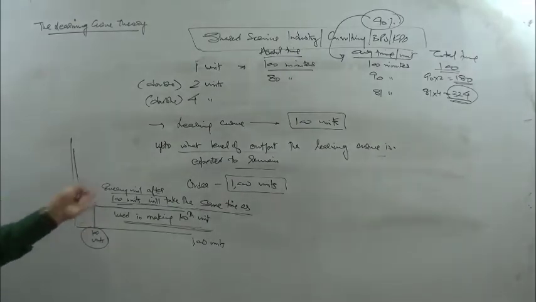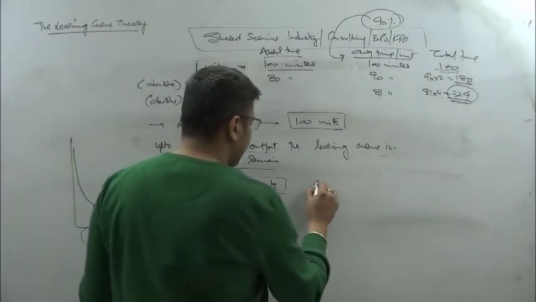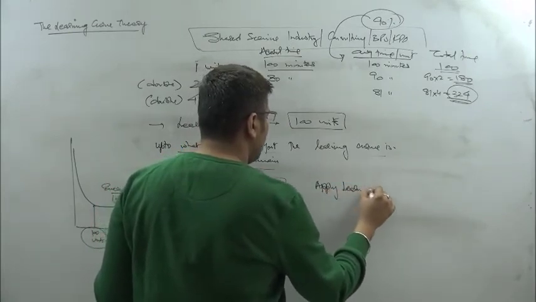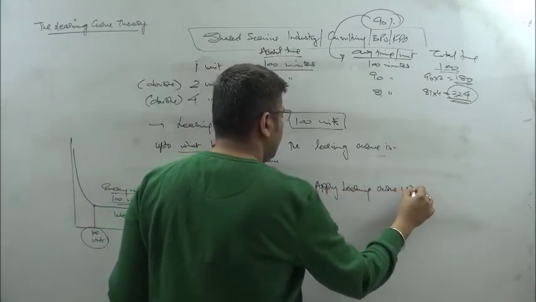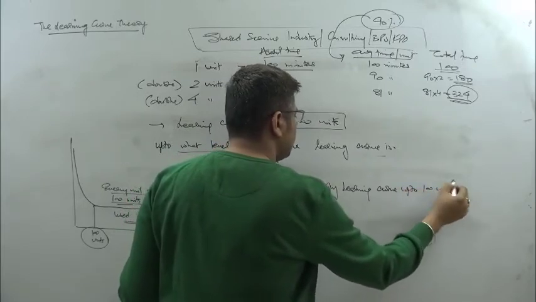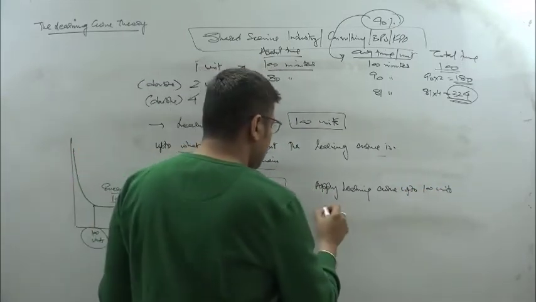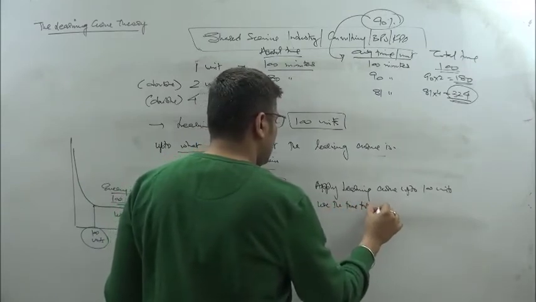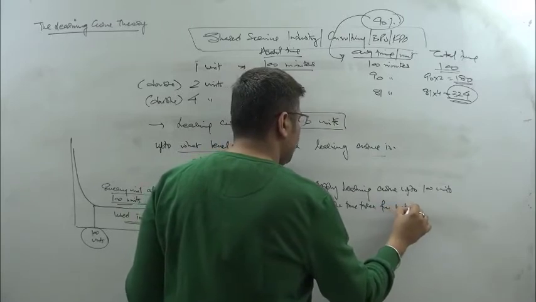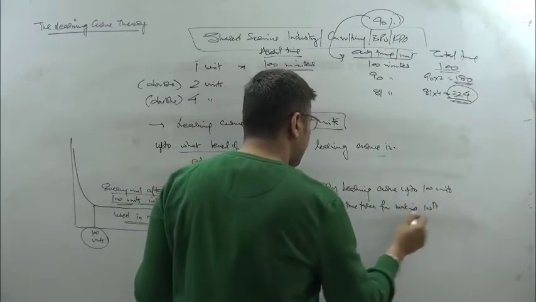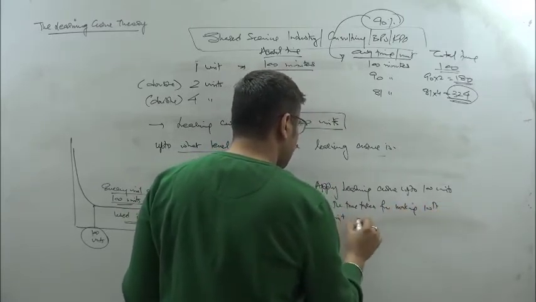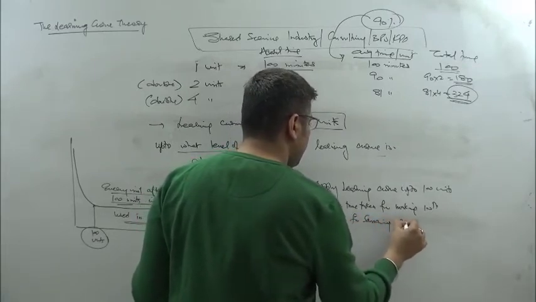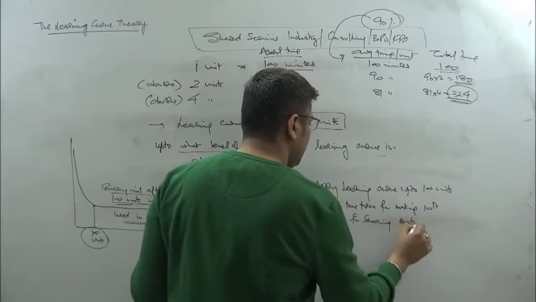Is it okay? So what we are saying now is: apply the learning curve up to 100 units, and then use the time taken for making the 100th unit for the remaining units there.